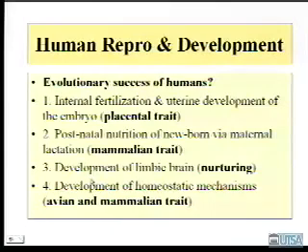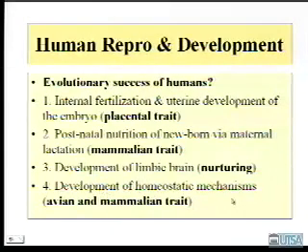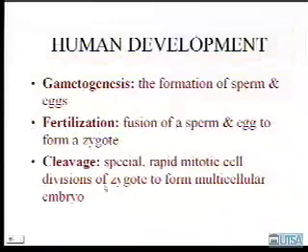They require a tremendous amount of nurturing. And then the development of homeostatic mechanisms, the avian and mammalian traits that are shared. So there's a significant relationship between embryology and the evolutionarily successful human species.